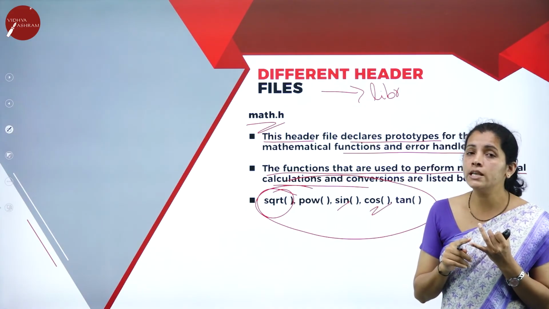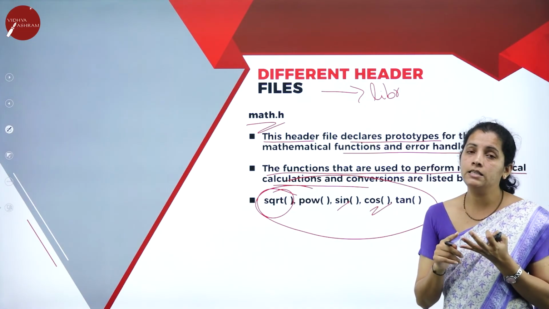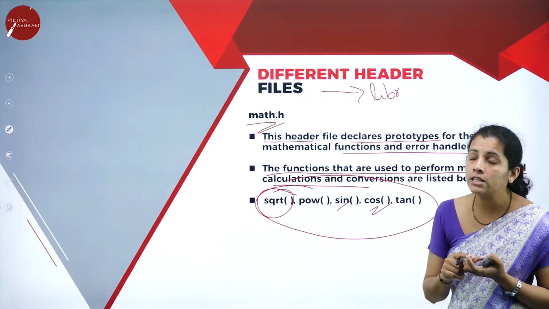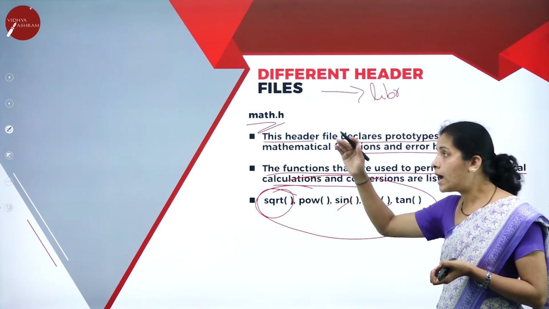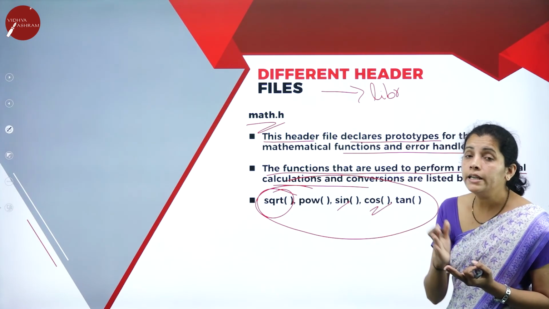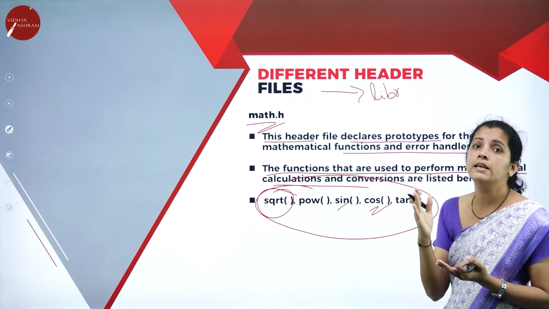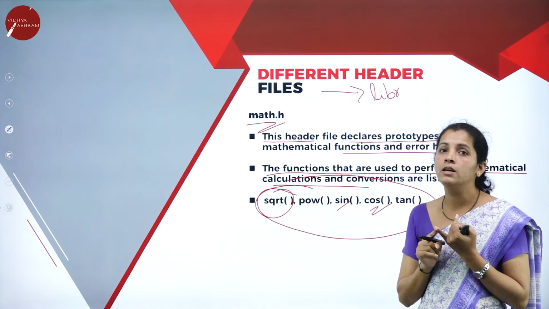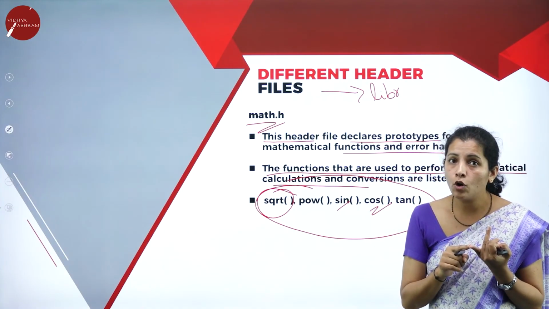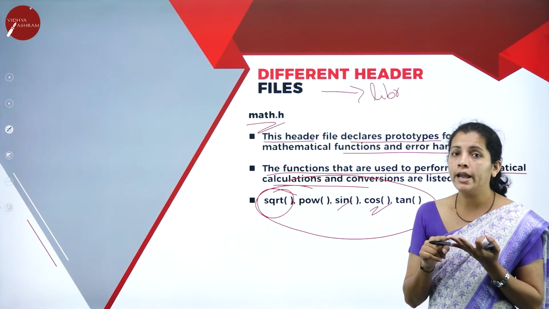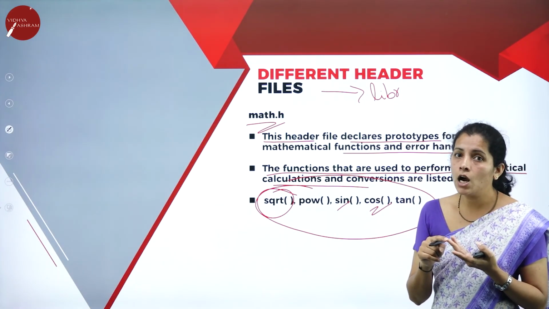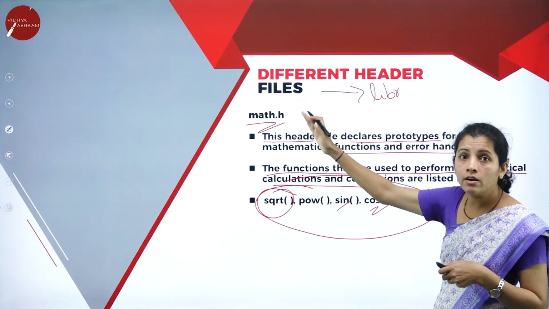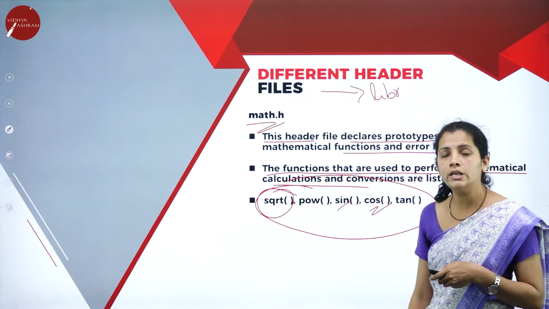That is iostream.h, along with stdio.h, string.h, iomanip.h, conio.h, stdlib.h, and math.h. These are the header files I discussed in today's session.